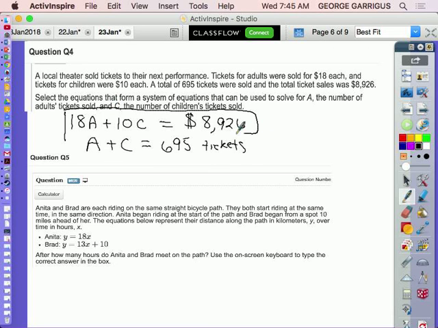So this was your first part of the equation, and here's your second equation for a system of equations, and then you can solve. You'd be able to solve this with elimination or with substitution. You'd have to solve for either A or C. They don't ask you to solve it. They ask you to identify the two equations in your problem that match.